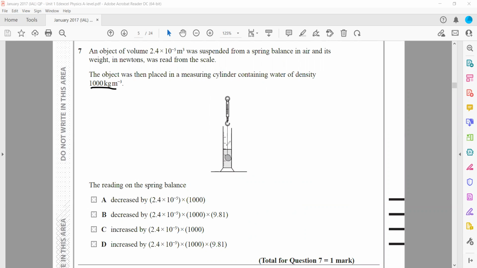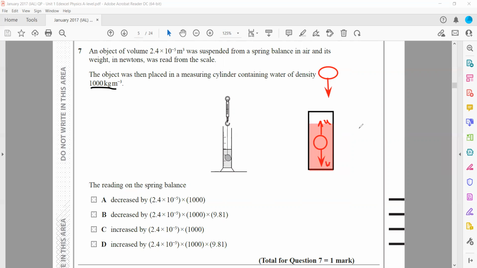Basically, when we put the object inside a container filled with a liquid, there is a force exerted. Outside, the only force acting was the weight. But when we immerse the object, its weight will act downward, and upthrust, the reaction force of the fluid, will act upward.